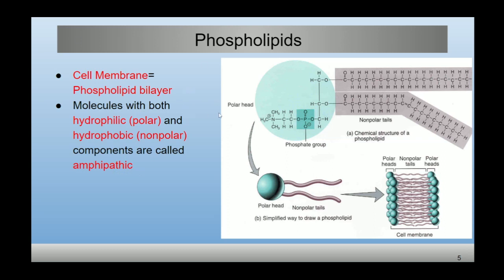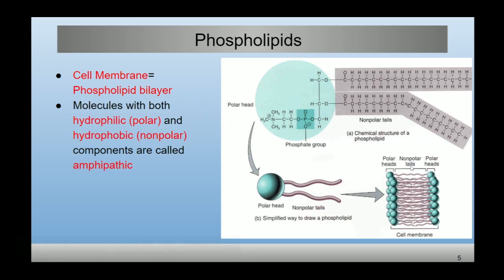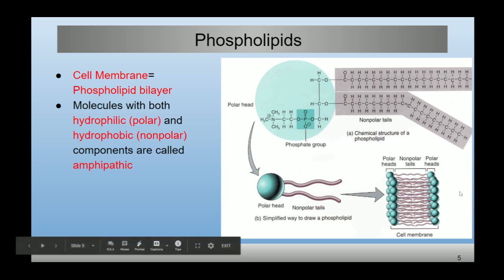The reason why they arrange in this certain configuration, we will discuss more in the upcoming cells unit. But basically, outside of the cell membrane, you've got polar molecules on both sides, in the form of cytoplasm on the inside of the cell, and liquid, water and other polar molecules on the outside.